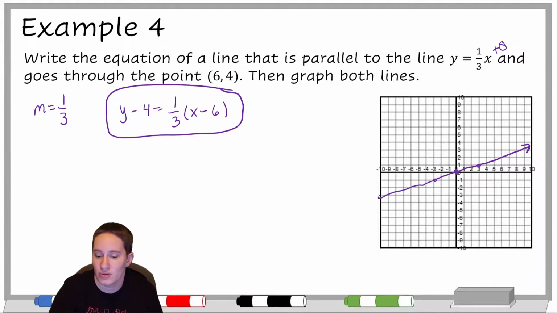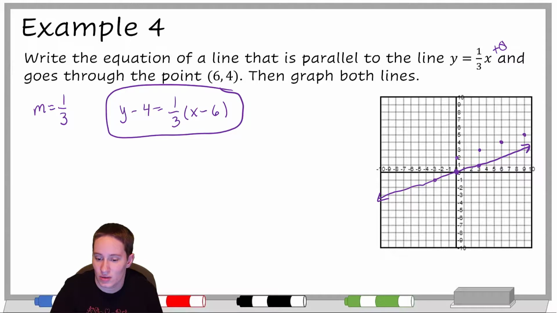If you're doing this and you're like, wow, I just really don't know how to graph lines, that's an earlier lesson. You can get on my channel and go back a few weeks and see some graphing stuff, and it'll be totally awesome. This other one goes through the point (6, 4), which is here, and has the same slope of 1/3.